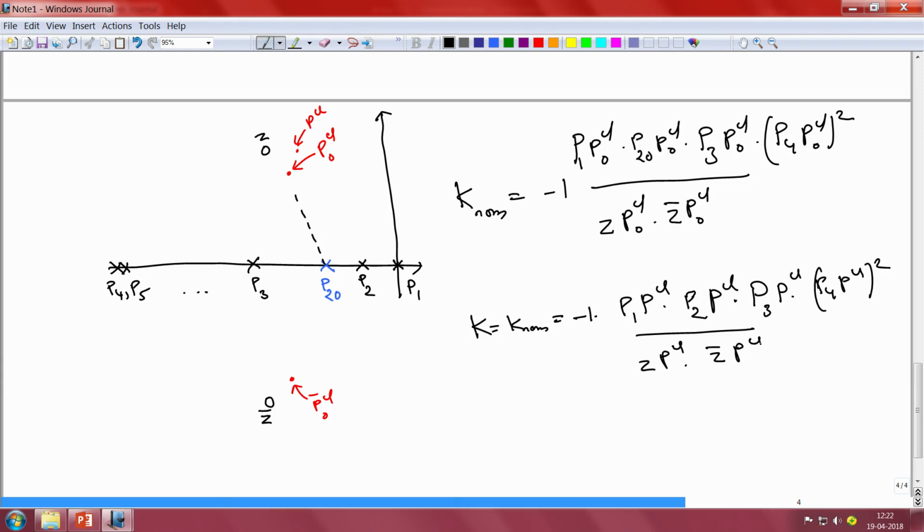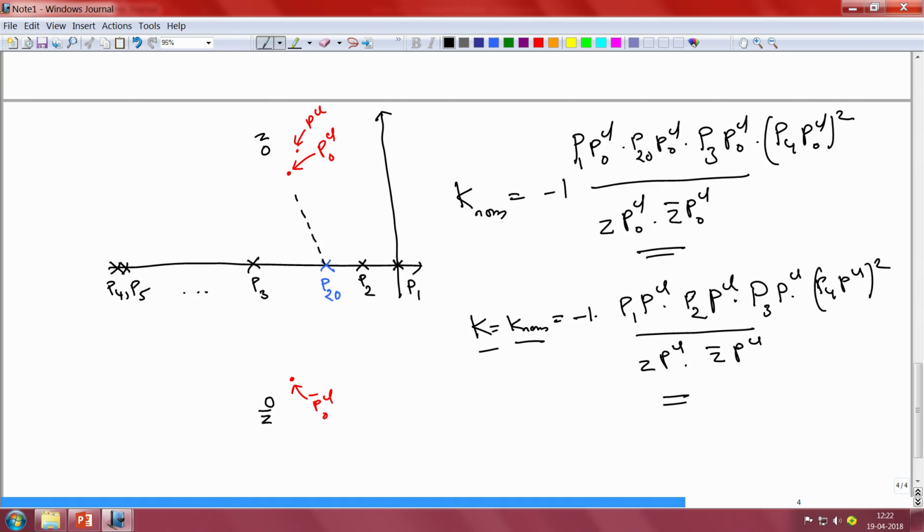Since the plant gain or the controller gain does not change when the plant pole location changes, K will be equal to K nominal. So this equation here will be equal to that equation there.